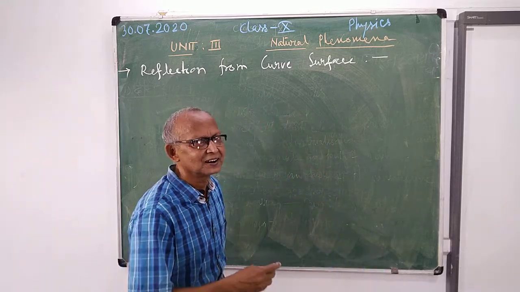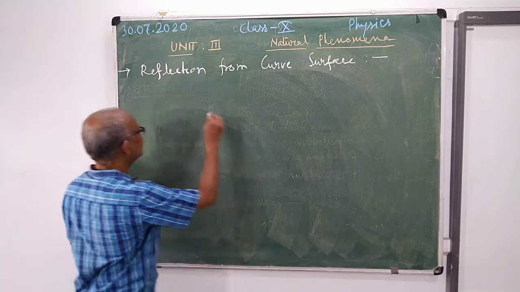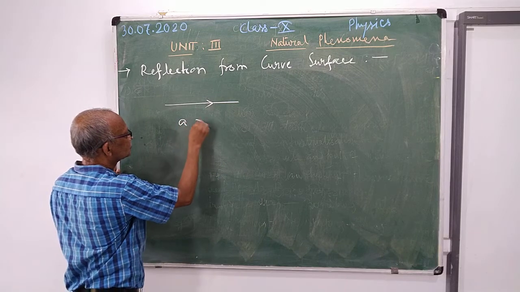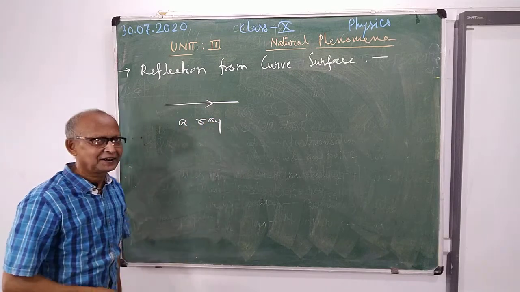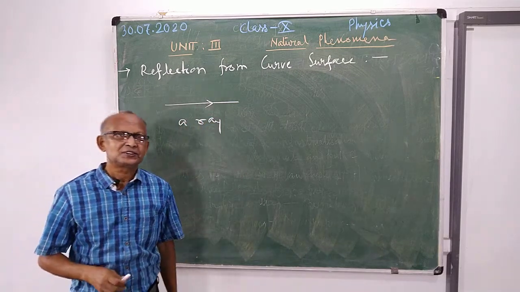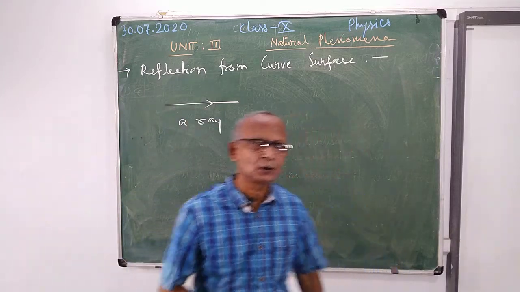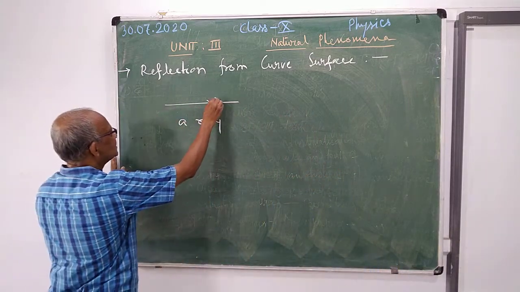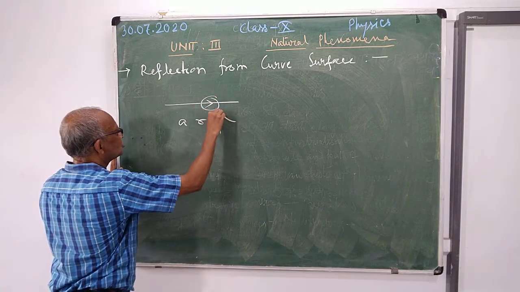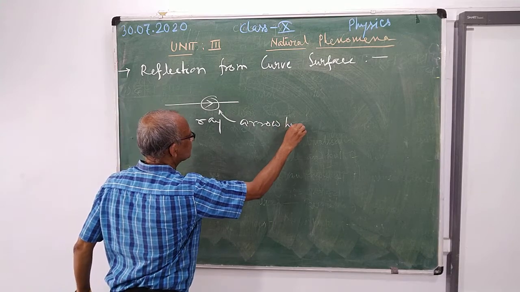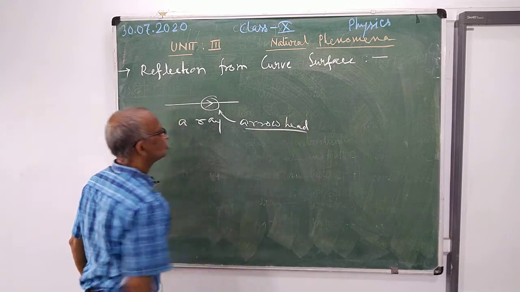Okay, let's start. The first is a ray of light. A ray of light is a straight line with an arrowhead.